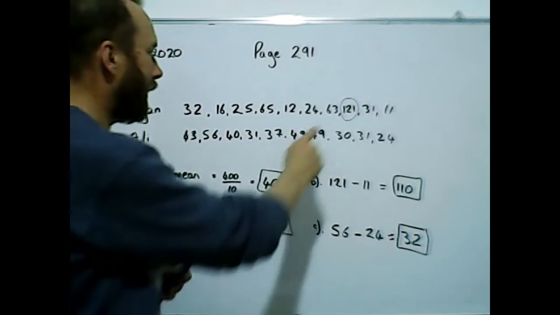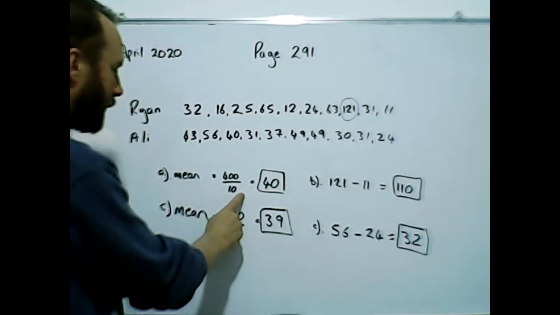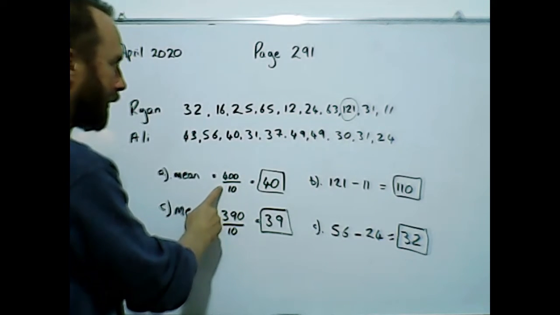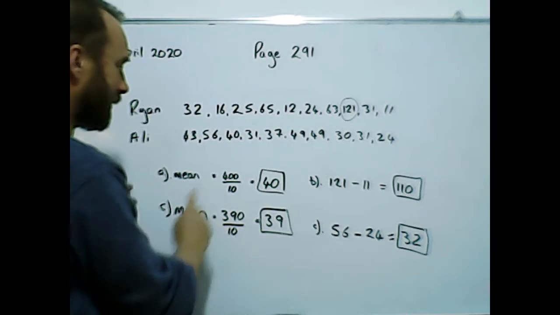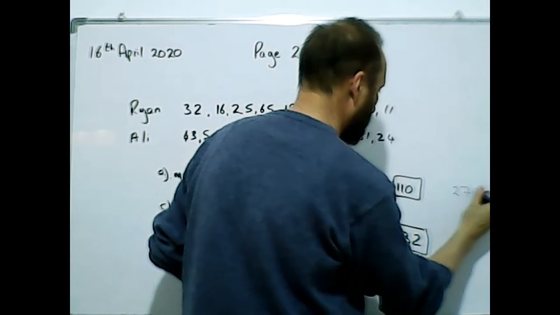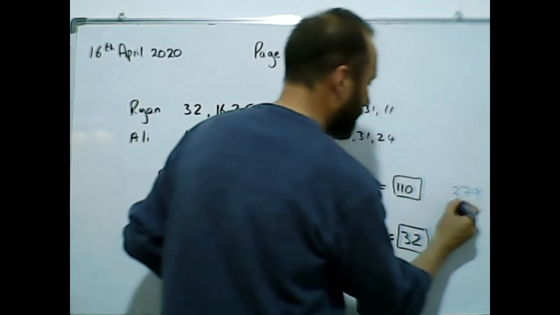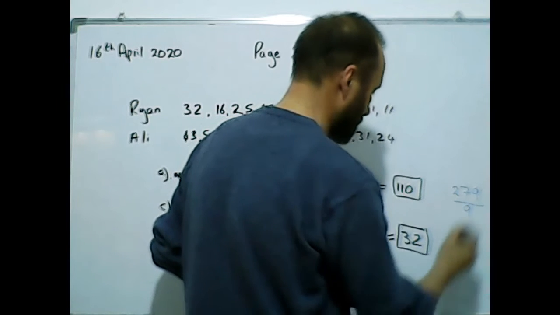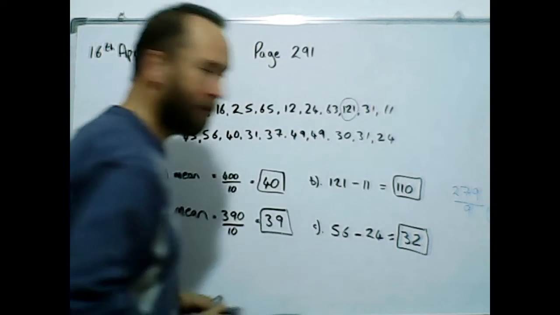Yeah? So if I took that 121 out of this, what would I get? 400 minus 121, 279, yes? I then have 279 divided by 9 this time, and that would give me 31, okay?